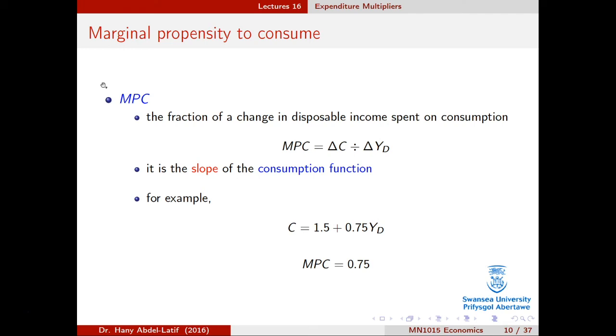So let's agree that the formula is not a problem, because anyone can apply it and calculate the marginal propensity to consume. But what is more important is to understand what it means.